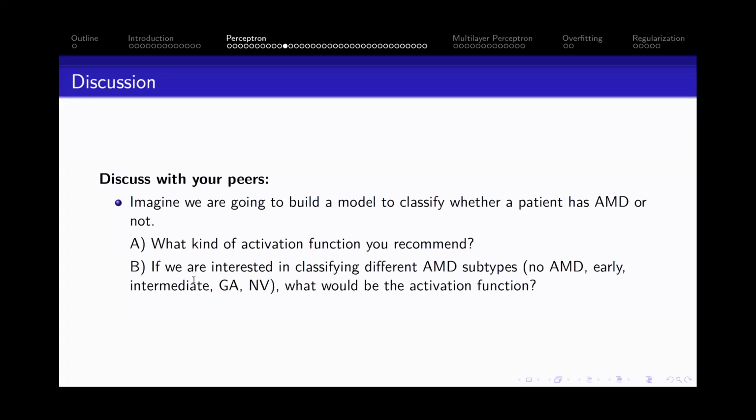What about task B? Now you have different grades for AMD. You are medical students, so I don't know which semester you are in, but let's say you have a no-AMD image, you have early AMD, you have intermediate AMD, you have images with geographic atrophy, and you also have neovascularization images.